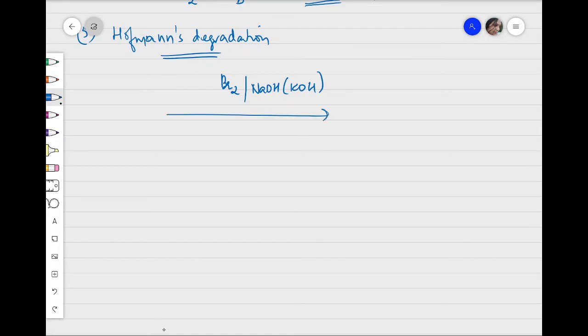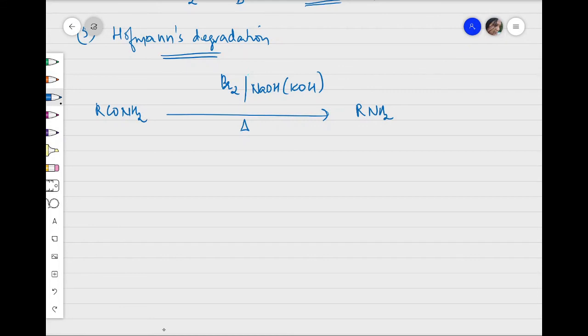So what happens is that when I take amides, they react with bromine, heated in sodium hydroxide or potassium hydroxide, and I will get primary amines, but with one carbon less.